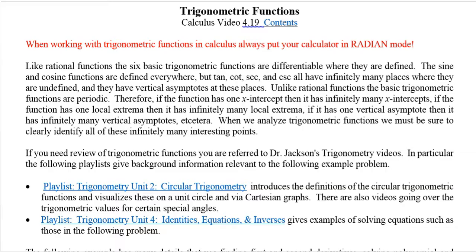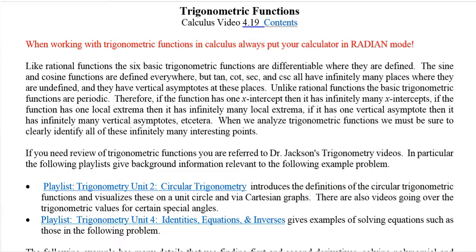Now, unlike rational functions, the basic trigonometric functions are periodic. That's one of the main things about them. In fact, one of the main reasons why we study trigonometric functions is to study periodic behavior, or to apply them to periodic behavior.